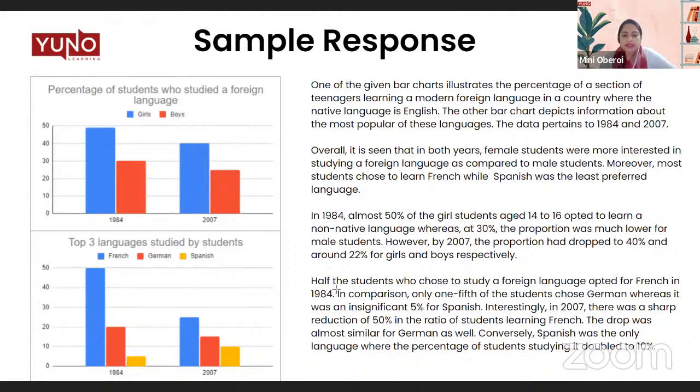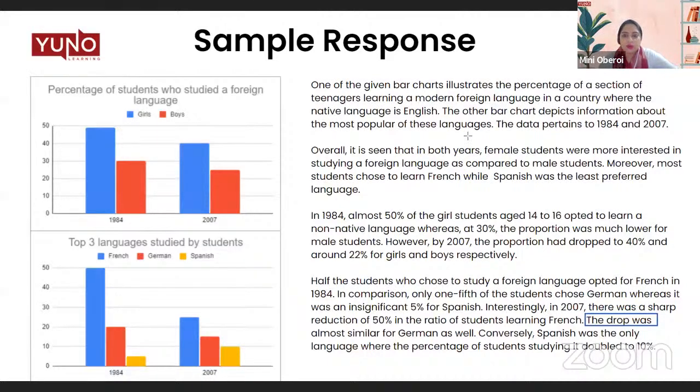If we look at this particular sentence, the drop was almost similar for German as well, right? Now, what is it referring to? It is referring to the previous one, that how much French suffered, right? If we look at French language, how much was it, and it came down to half of the level.